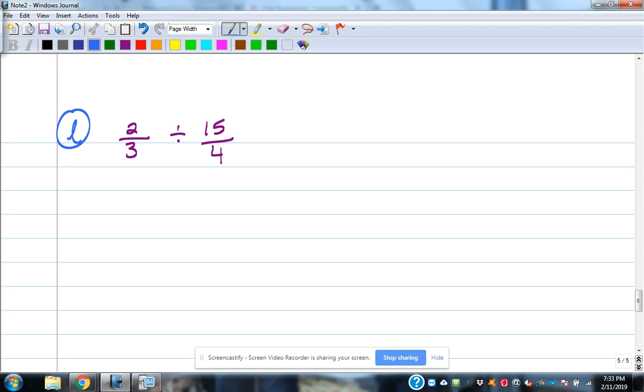Flip the reciprocal. Of which one? The second one. So it's really 2/3 times 4 over 15, right? And then it's a multiplication problem. You could do it that way, or you could cross cancel if possible. It doesn't work on this one. So 8 over 45 is the final answer there.